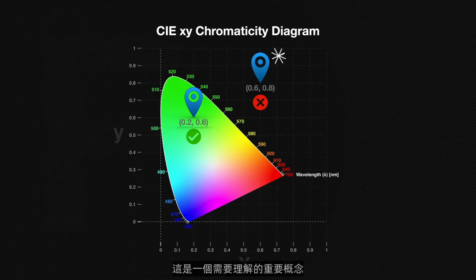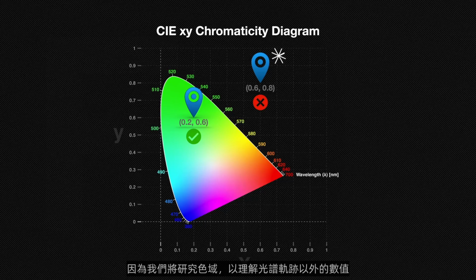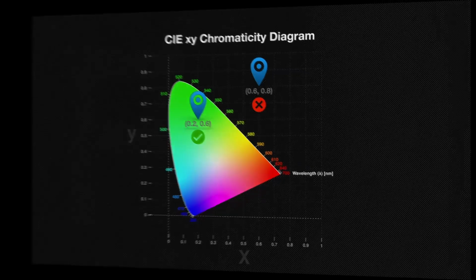This is an important concept to understand, as we will study color gamuts that will comprehend values outside the spectral locus. I think it is a good idea to briefly discuss what exactly is a gamut.